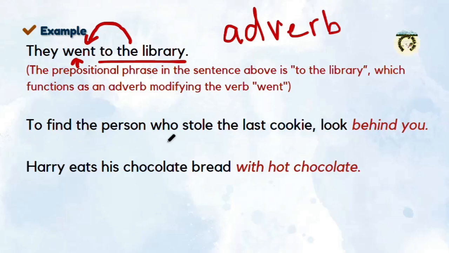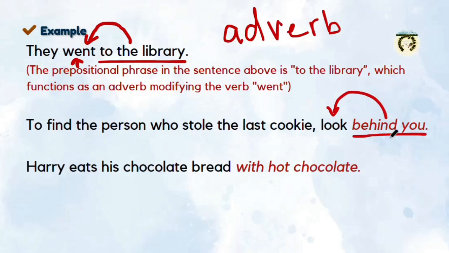To find the person who stole the last cookie, look behind you. Prepositional phrase, it's here, behind you. Is this prepositional phrase giving you information about a verb, an adjective, or another adverb, or simply about a noun? It's giving you information about look. Look, where to look, behind you.